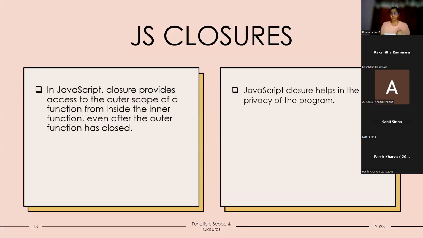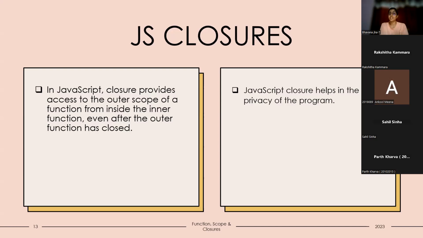So what is closure? As we know, we have nested functions, a function within a function. When the outer function gets closed and we still have access to the outer function's variables from the inner function, closure provides access to the inner function, that is called lexical scope.